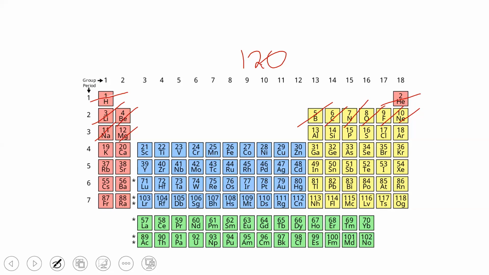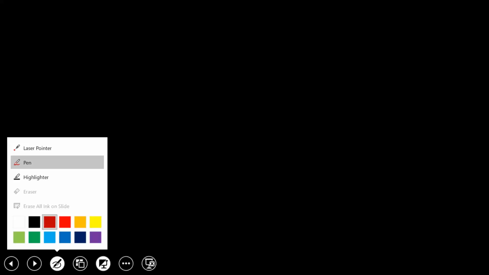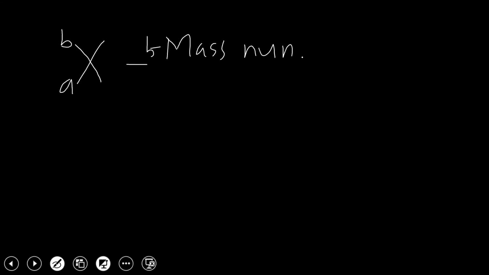So I was emphasizing something on atomic number and mass number. I can use any letter. If this is Z, the number up is the mass number, and the number down is the atomic number.